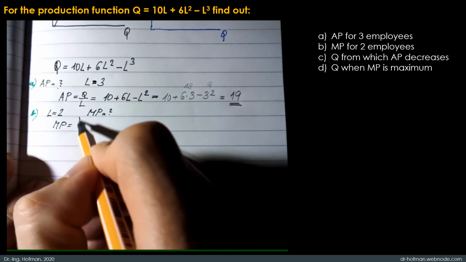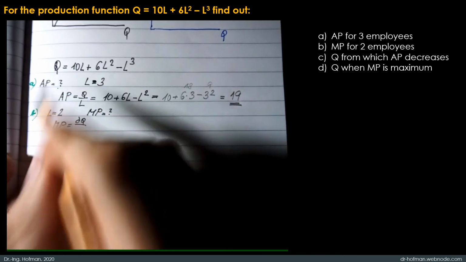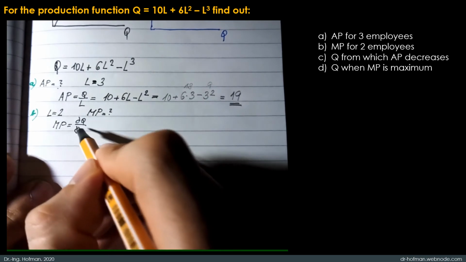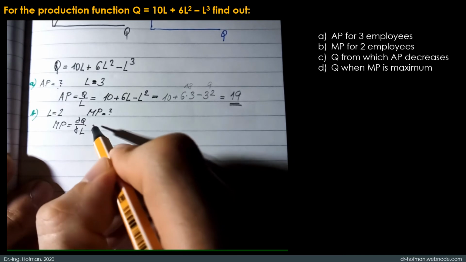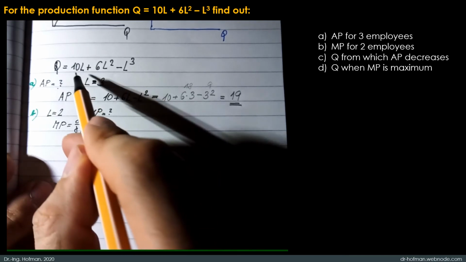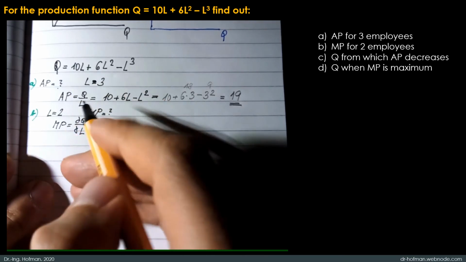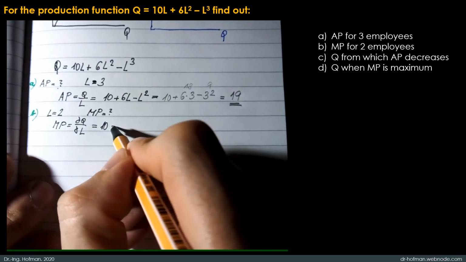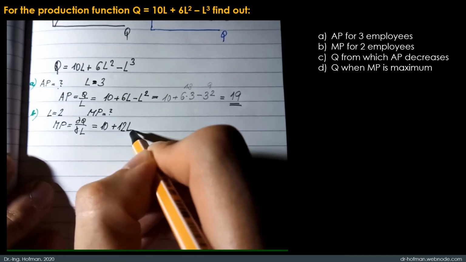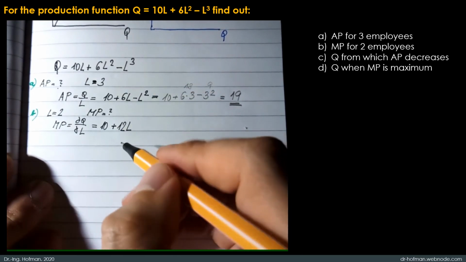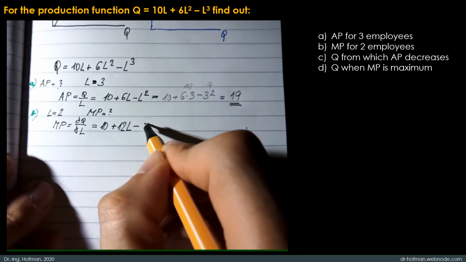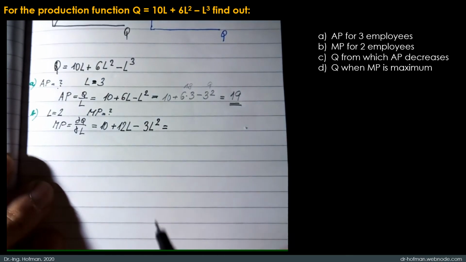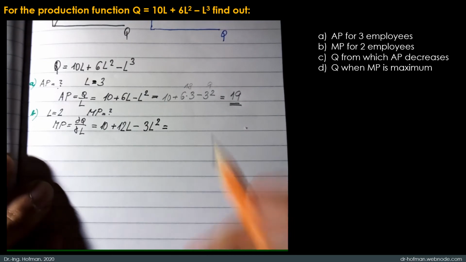We know that marginal product is the derivative of the total product according to L. If I derive 10L, I get 10. 6L squared derived according to L is 12L, and minus L cubed derived according to L is minus 3L squared.